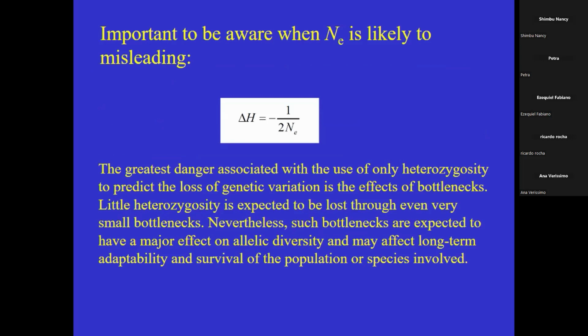Species where NC is really large compared to NE, loci which have a lot of alleles, or species that go through a bottleneck. If we're dealing with a species that went through a bottleneck, using NE may not do a very good job of telling us what the genetic variation in that species is and how it's going to affect the long-term survival of the species.